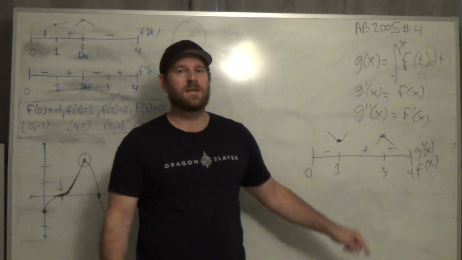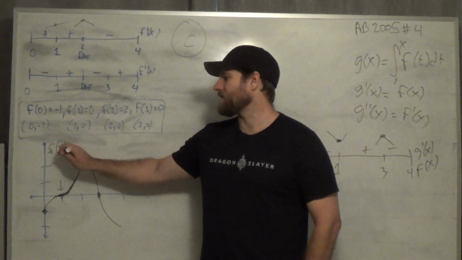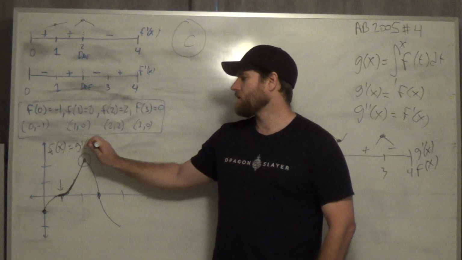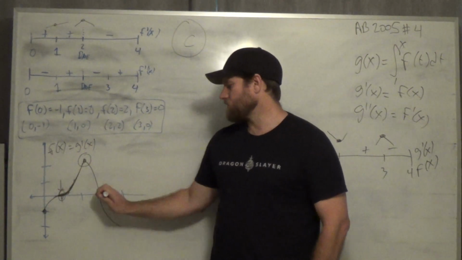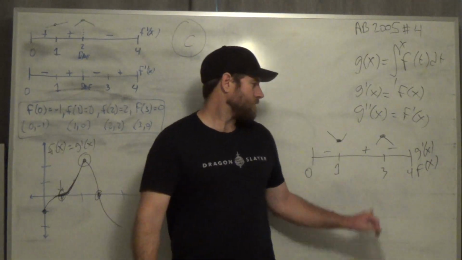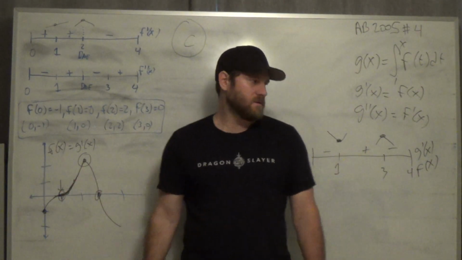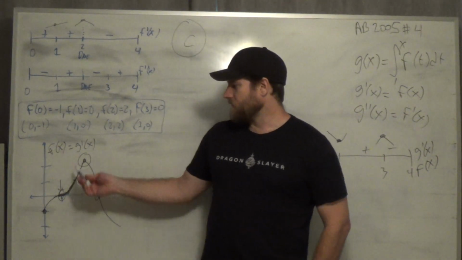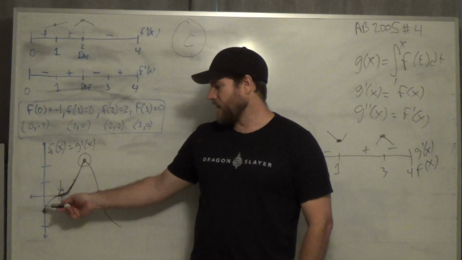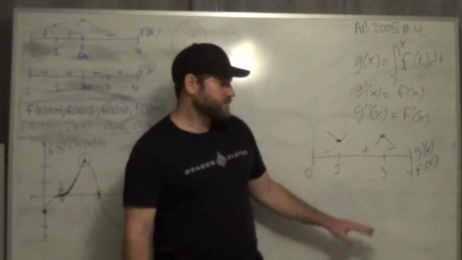I could have made the sign chart looking at this graph. Remember, this is the graph of f of x, but now we also know it's called g prime x. What do you put on a sign chart where things are zeros? At 1 and 3, and then negative values, positive values, negative values. And remember, the negative area, positive area, negative area made my graph go down and up and down.